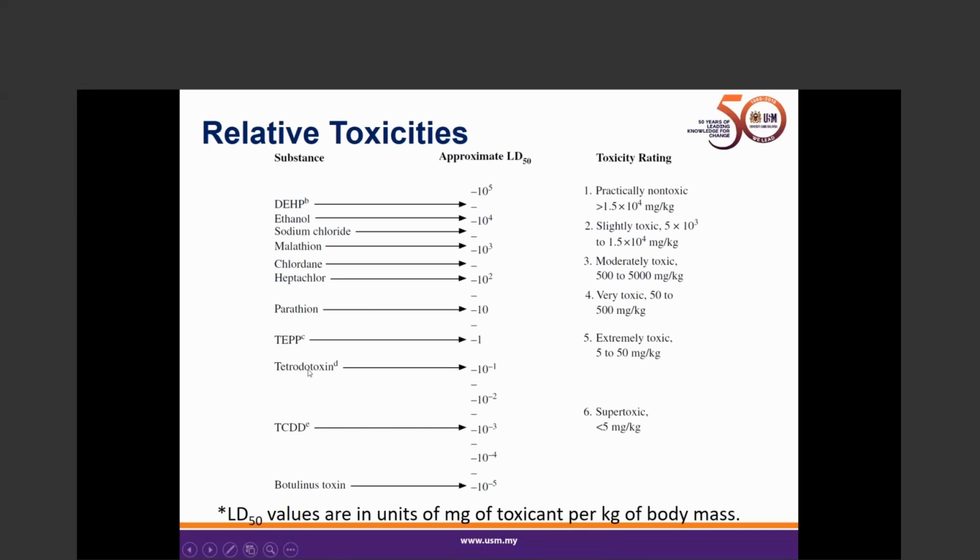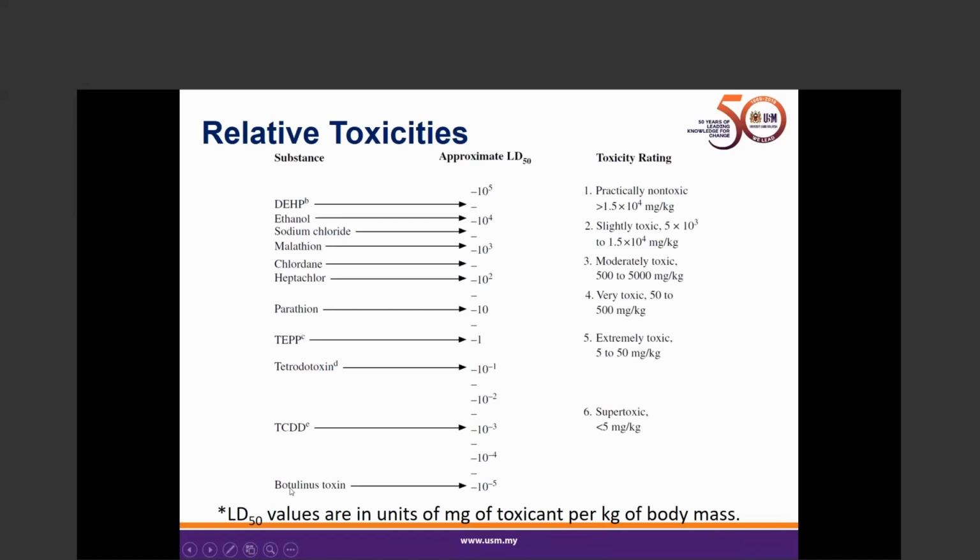Tetrodotoxin is the toxin of the pufferfish. And then we have TCDD or 2,3,7,8-tetrachlorodibenzo-para-dioxin, the infamous dioxin. It causes an unsightly chloracne skin condition in humans, but is deadly to some other species such as guinea pigs.